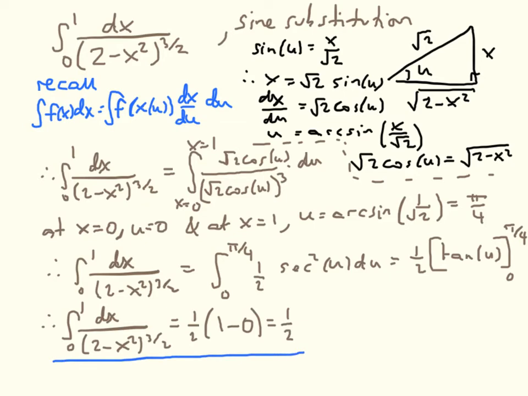And our result makes sense in that it is positive, and our integrand here is positive. 1 divided by something to the 3 halves is positive, so that's good.